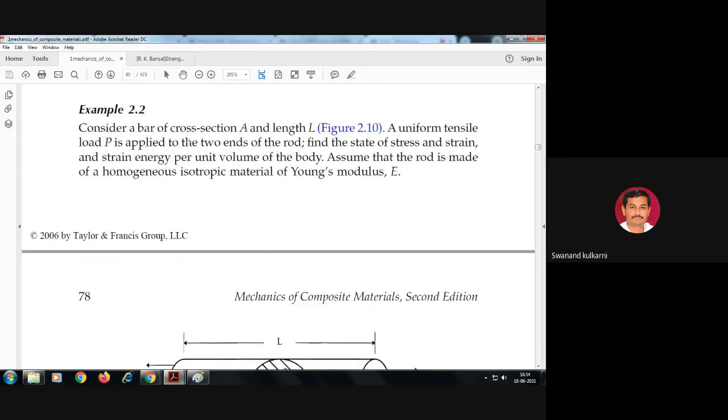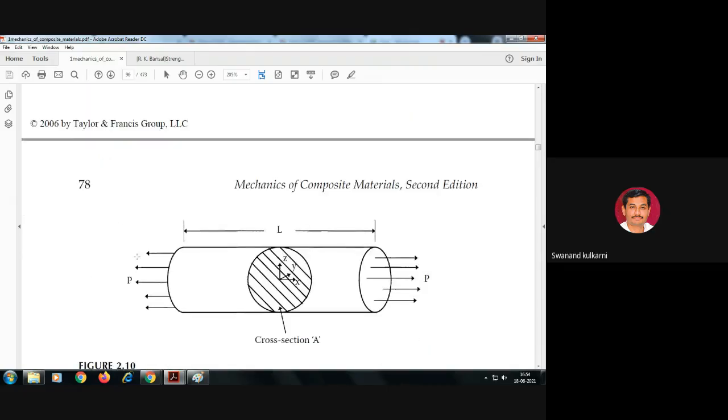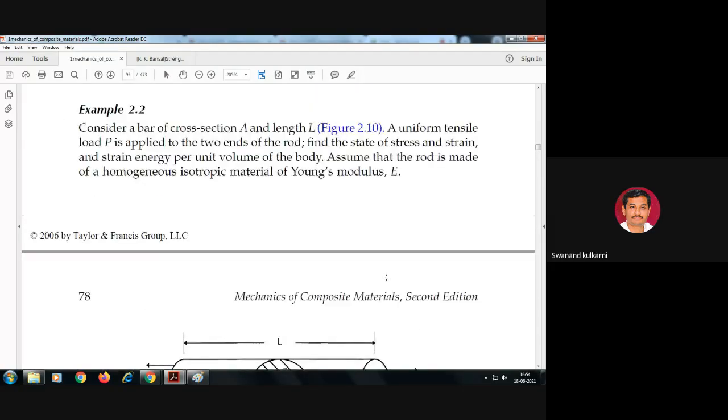But before going further, let us have one example which is in front of you. Just read that example. What is given here? Consider a bar of cross section A, length L. See here, this is the bar with cross section A, length L. Now load P is applied on two ends of the rod.